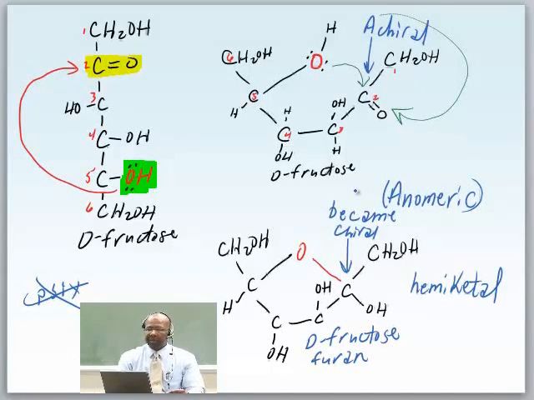Now, this anomeric carbon can have 2 configurations. The OH can be either up or the OH can be down. Now the question for you, for this anomeric carbon in fructose, I'm going to shade it yellow here. This anomeric carbon, do we have it up or down?